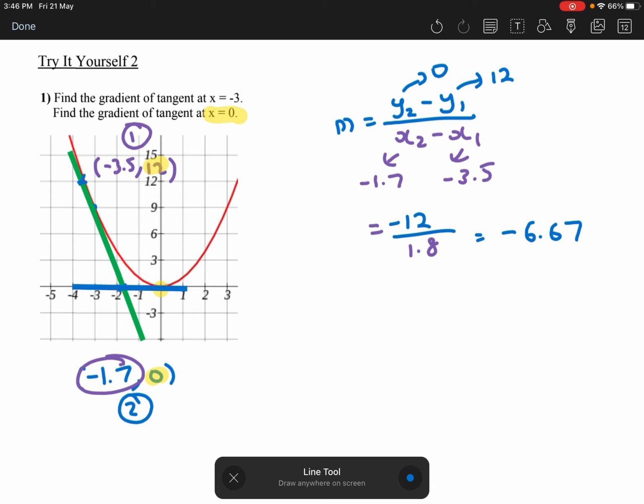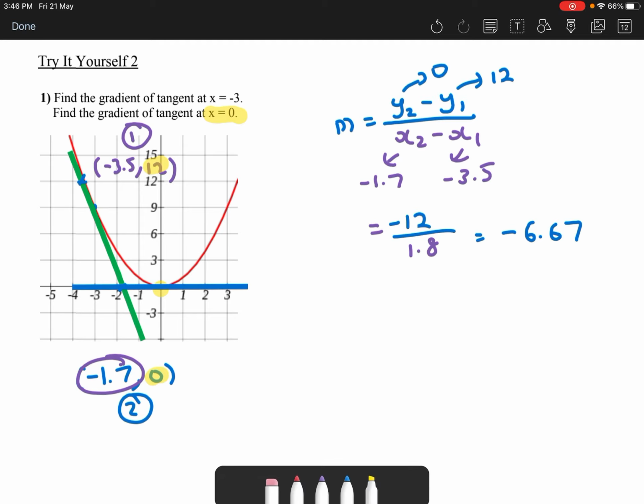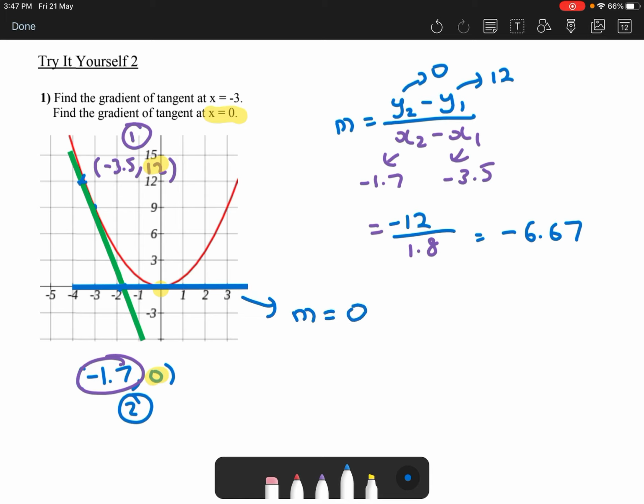When you draw the tangent, basically it's just like this, and you notice that this tangent is actually a horizontal line, so there's no gradient basically. Because when you are walking on a horizontal route, there's no steepness. So the gradient is equal to 0. This is an example of how you do your tangent question.